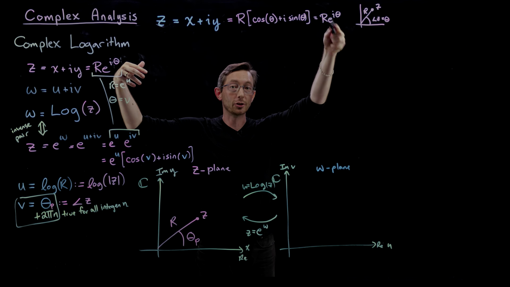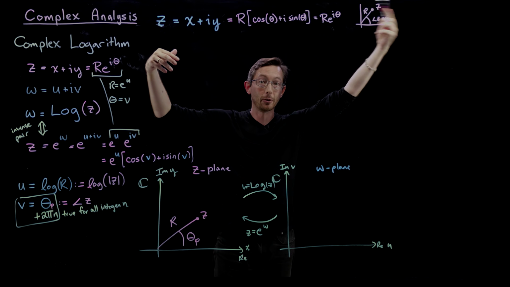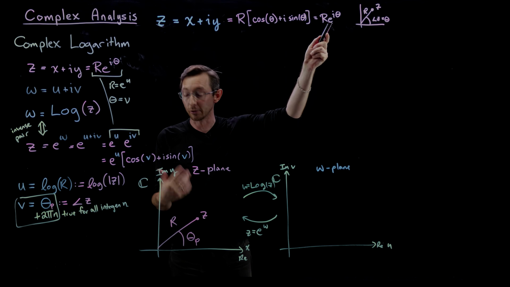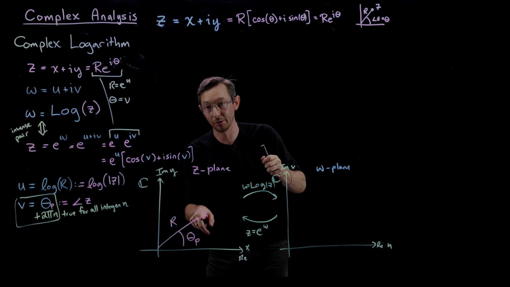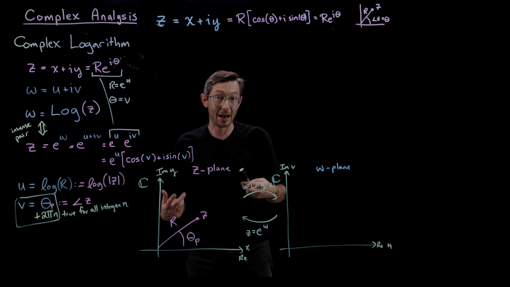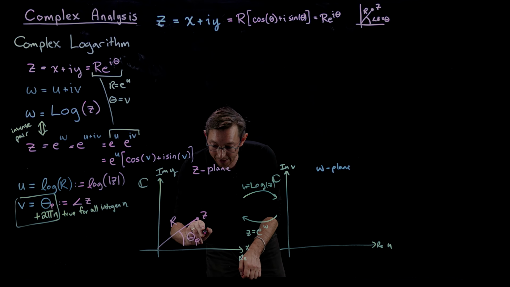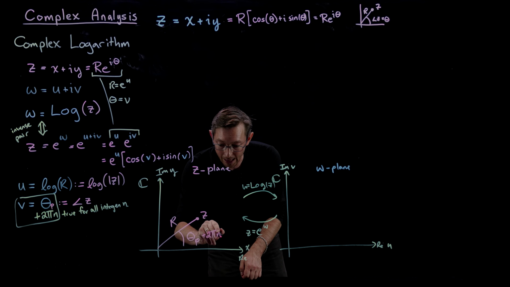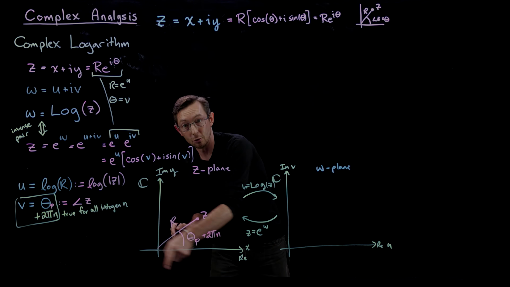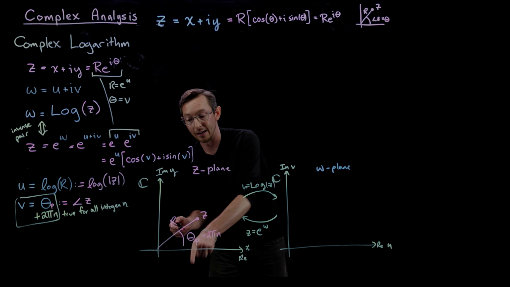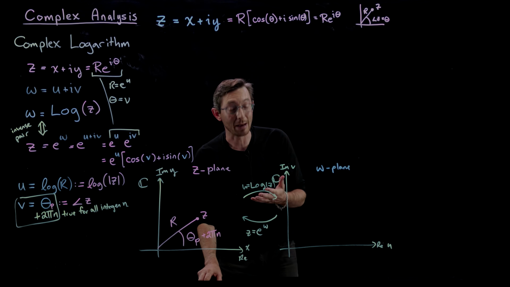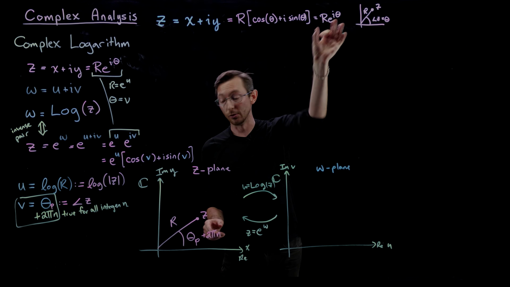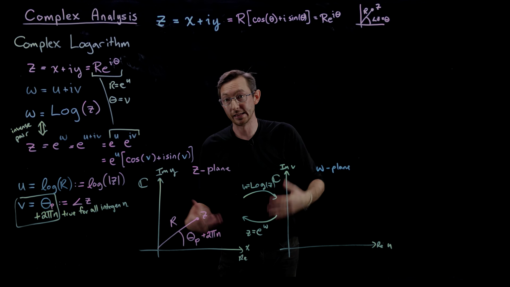But I could also add 2 pi or 4 pi or 6 pi or 8 pi, and those are all equal to the exact same point z. Because if I go around 2 pi, I come back to the same place. If I go around 4 pi, I come back to the same place. So technically, this could be plus 2 pi n. I could go around 2 pi any integer number of times, and I'm still at exactly that point z. So there are infinitely many angles I can use to represent the angle of z.